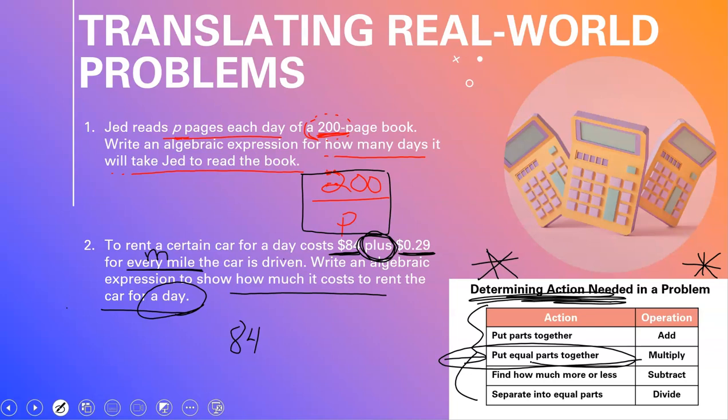And it's just repeated addition over and over. So we know that the 29 cents is going to be multiplied by how many miles? The plus sign in the middle, and that is an expression to represent how much it will cost to rent that car for a day.